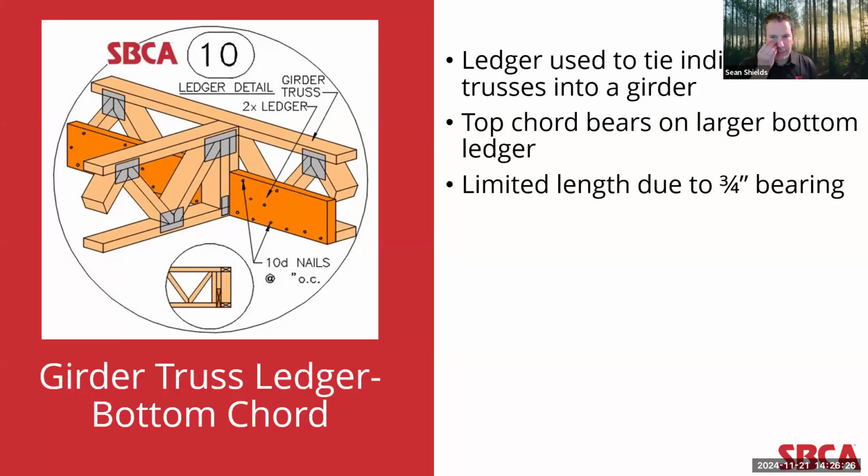It should be noted, though, that in this case, the bearing surface for that top chord bearing truss is only 3/4 of an inch. As such, there is no provision for the typical construction tolerance of a 1/2 inch maximum gap. In this application, because the bearing surface is so small, the top chord trusses will typically be a shorter span and will be installed flush to the ledger.